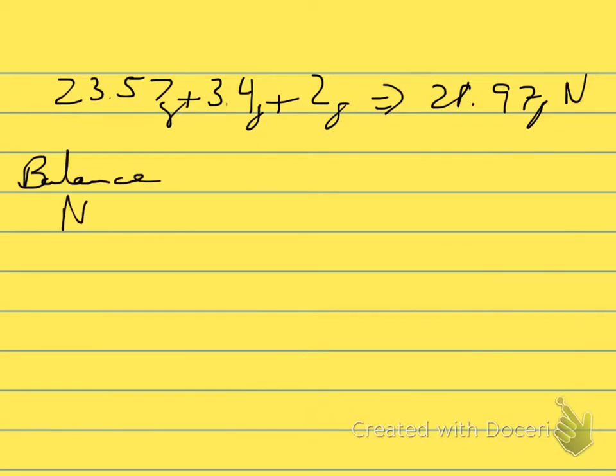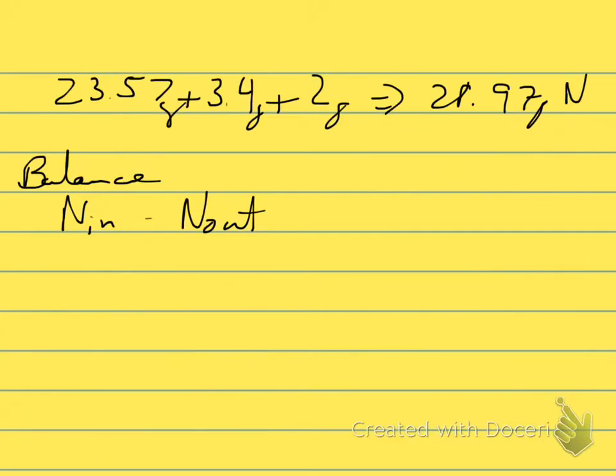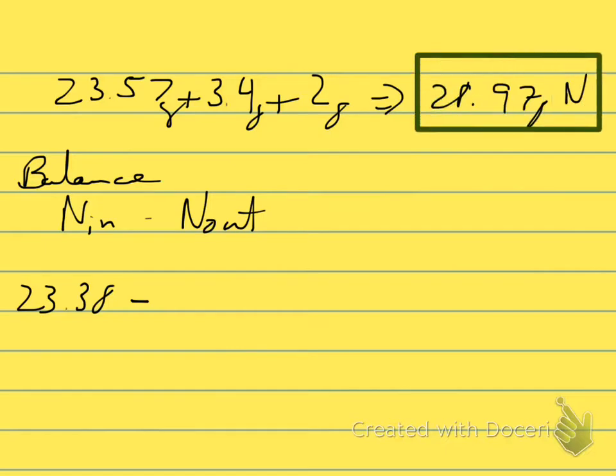Okay, so now to do our balance, we're going to take our nitrogen in minus our nitrogen out. If we come back here, our nitrogen in was 23.38, and we subtract from that our nitrogen out, which is right here, 28.97.